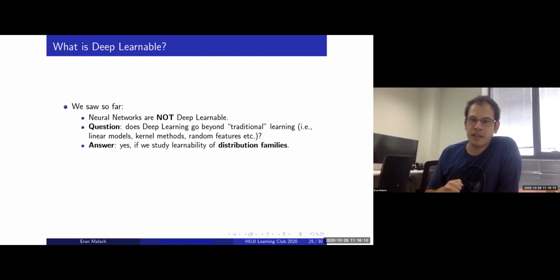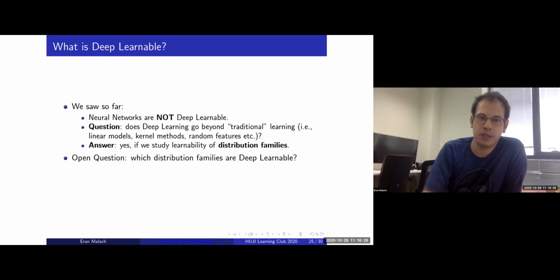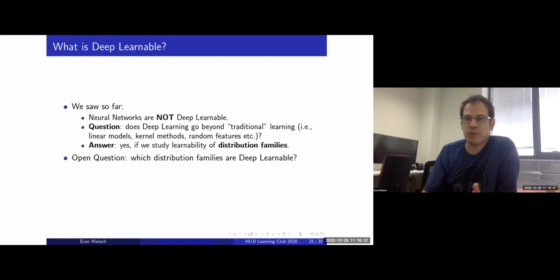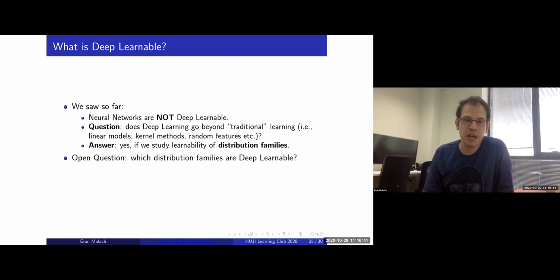If we redefine learnability using distribution families and not function classes, then this new perspective of learning really captures something about deep learning that goes beyond traditional problems that we can learn. And then, of course, the very interesting open question is, which distribution families are deep learnable, right? Maybe this is the holy grail of all this exploration.